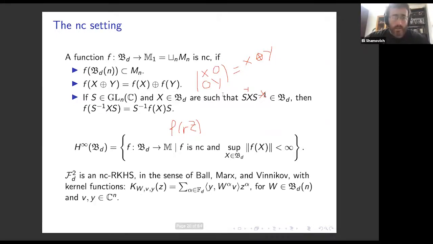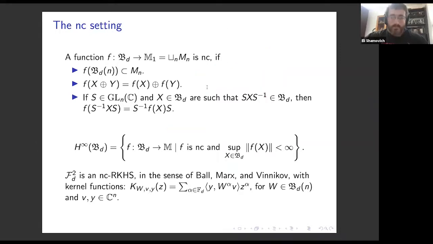Moreover, this analogy continues with the fact that the Fock space is a non-commutative reproducing kernel Hilbert space in the sense of Ball, Marx and Vinnikov, with these kernel functions.